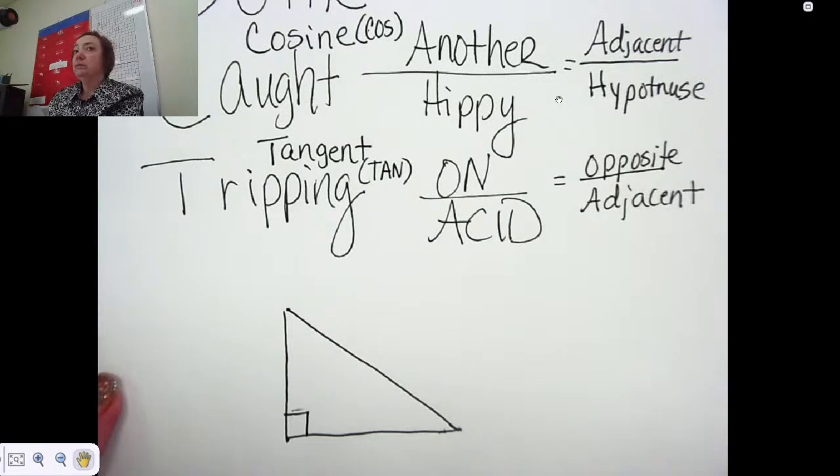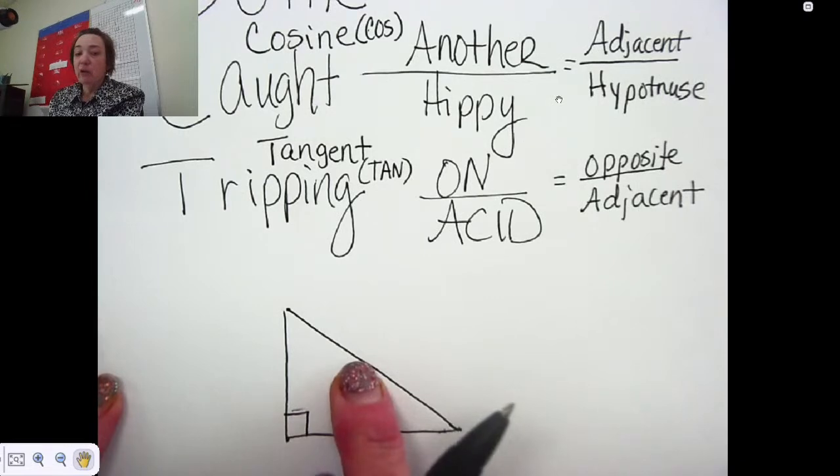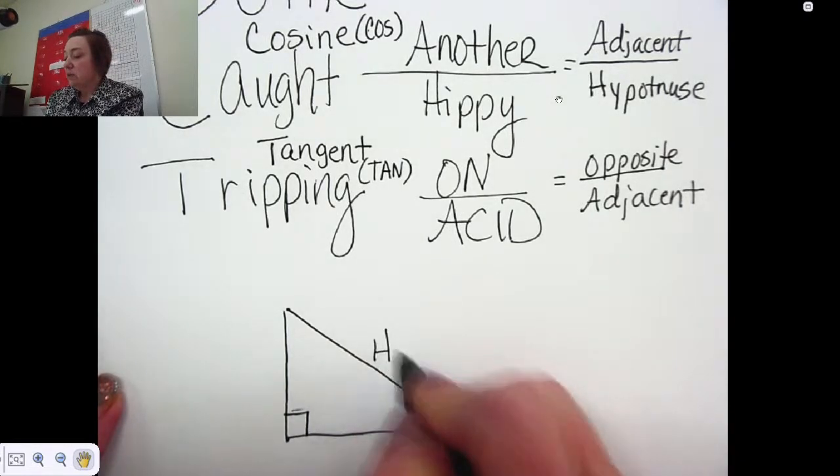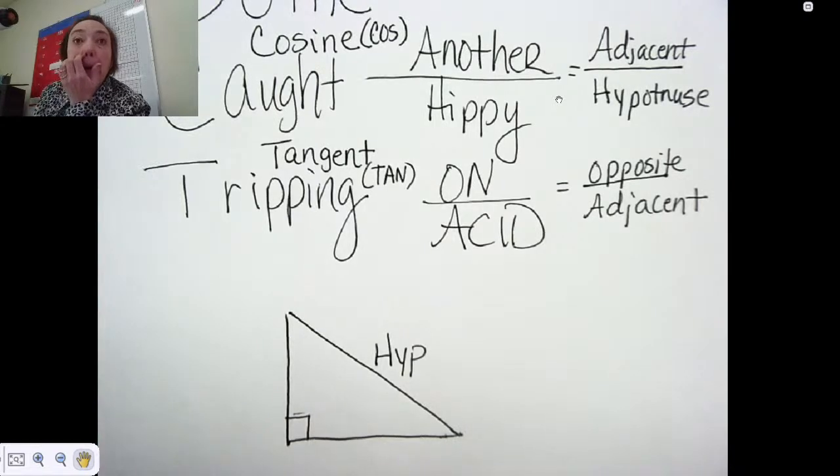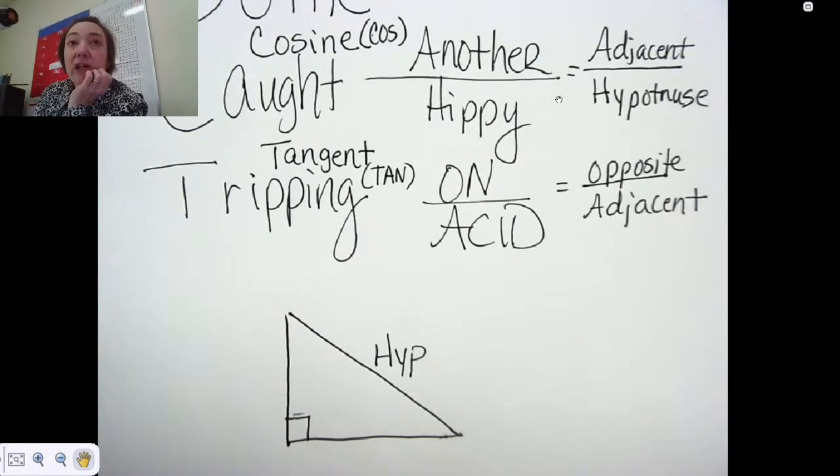Always. It is always the side across from the right angle. So here's the right angle. That's the hypotenuse. Okay? Always, always, always. That's how you find the hypotenuse. Go to the right angle. Yeah, it's pointing to it.